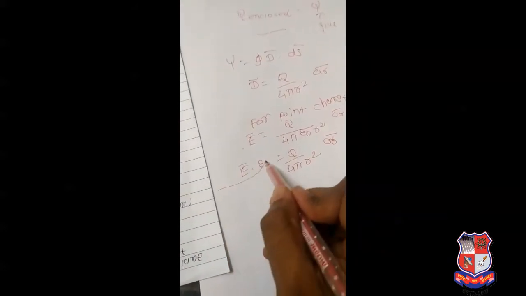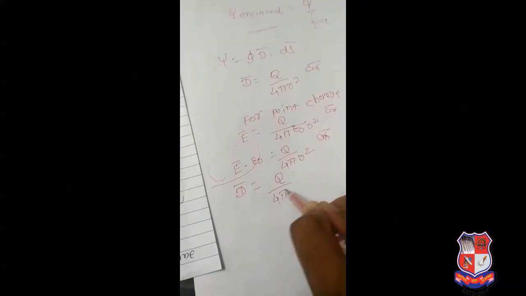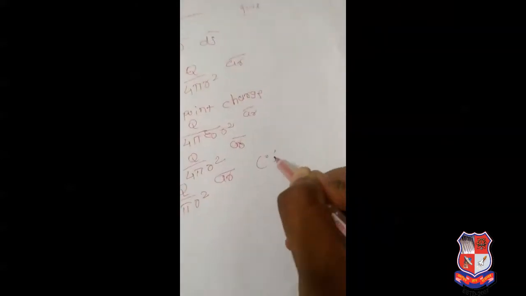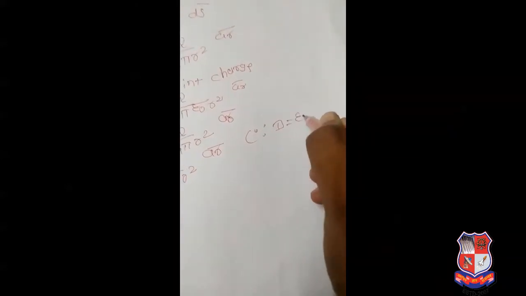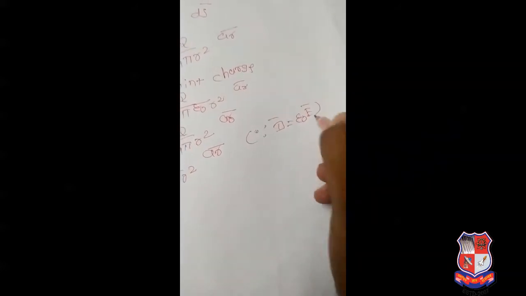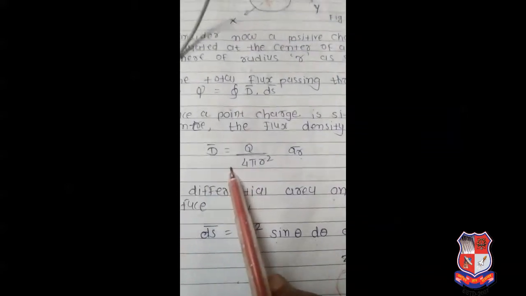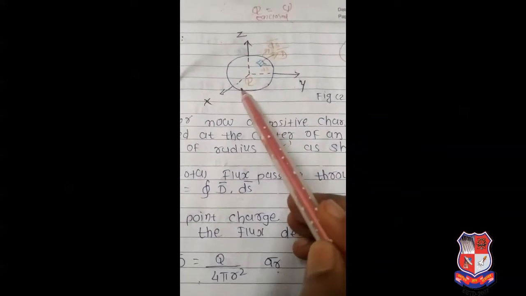Now this is known as D bar. Therefore D bar is equal to Q upon 4 pi r square ar. Why? Because D is equal to epsilon 0 E. Therefore this is the flux density due to point charge, and the point charge is capital Q.